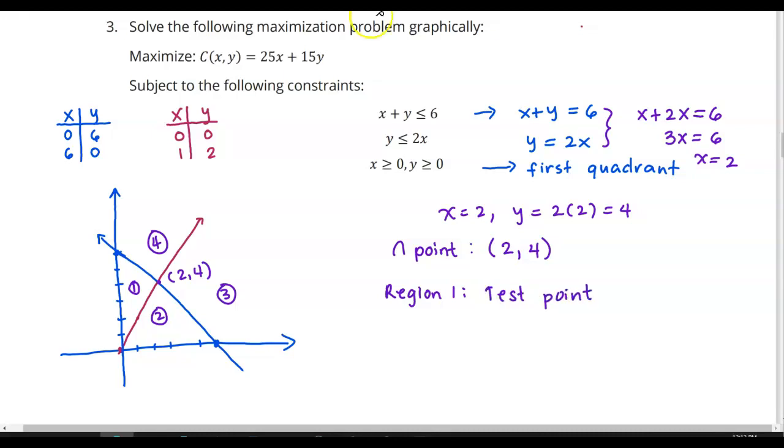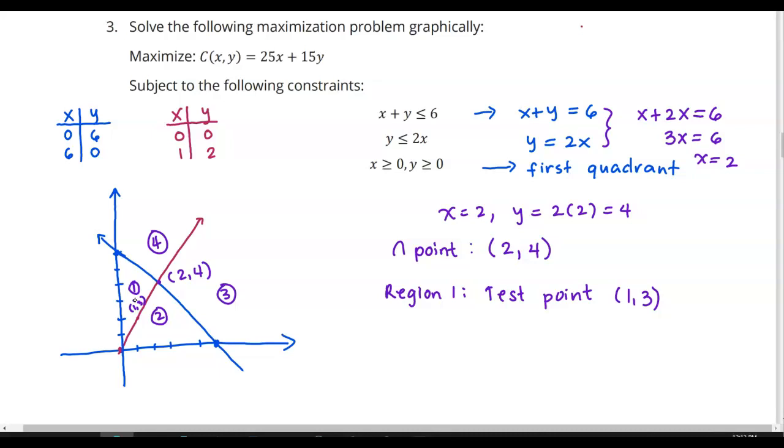In region 1, you just have to look at the point here. Now the x coordinate should be less than 2 because 2 is the intersection point. So you could have 1 and then, let's say, 3. So our test point will be the ordered pair 1, 3. If this is 1 and this is 3, this is the point 1, 3.